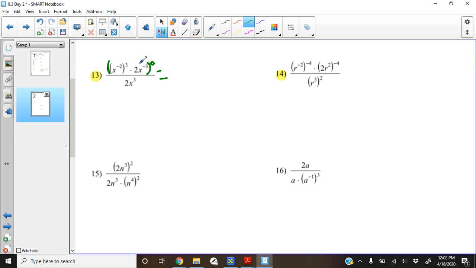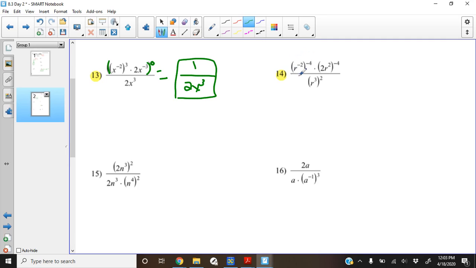So this whole numerator turns to 1, and there's no work to be done in the denominator, so that's 2x to the third in the denominator, 1 over 2x to the third. And that is your final answer. Unfortunately, they're not all going to be that easy, but I do want you to recognize that you can easily simplify a lot of these by recognizing the 0 exponent rule. So let's move on to the next.